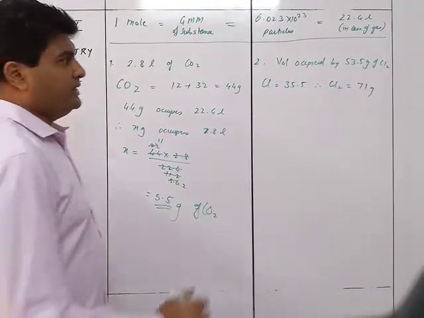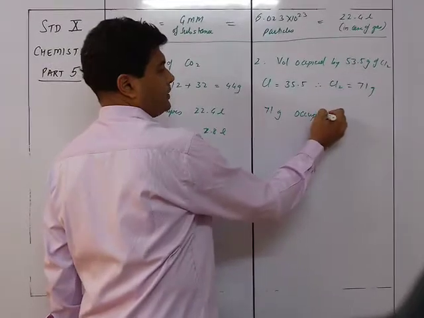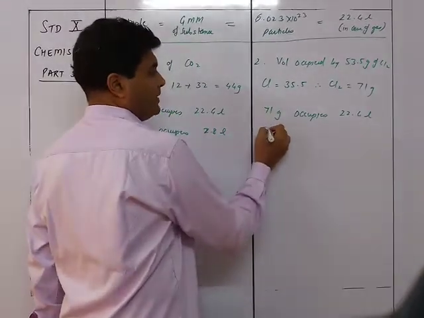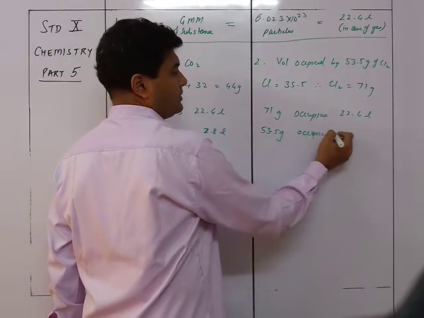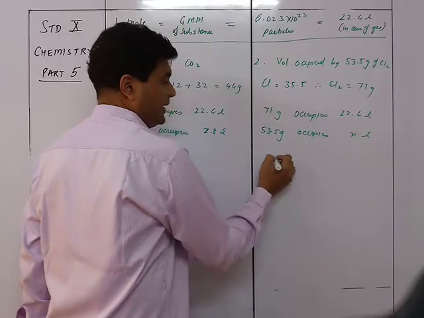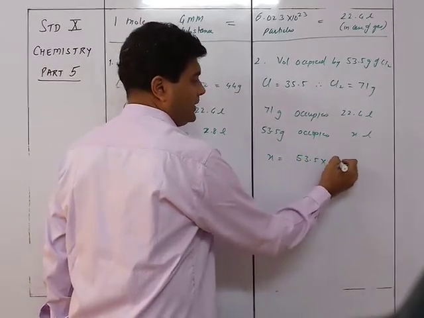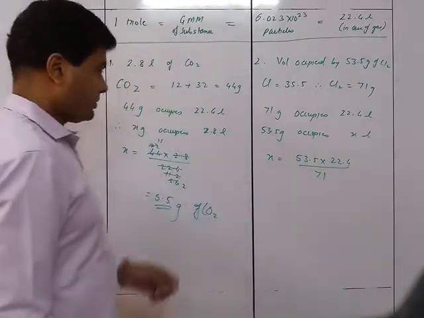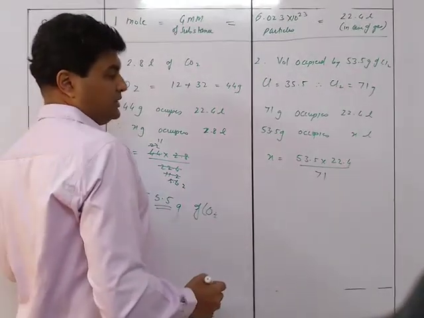So we know that 71 grams occupies 22.4 liters. So 53.5 grams occupies X liters. So X is equal to 53.5 into 22.4 upon 71. This is going to be difficult.